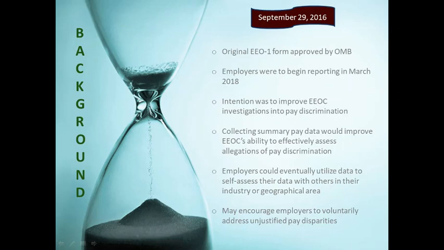Many open discussions have ensued since that announcement, stating that the EEOC is sending a strong signal that it will increase its enforcement efforts. The Office of Management and Budget, or OMB, approved the changes to the form on September 29th of 2016, and that approval was set to expire on September 30th of 2019.